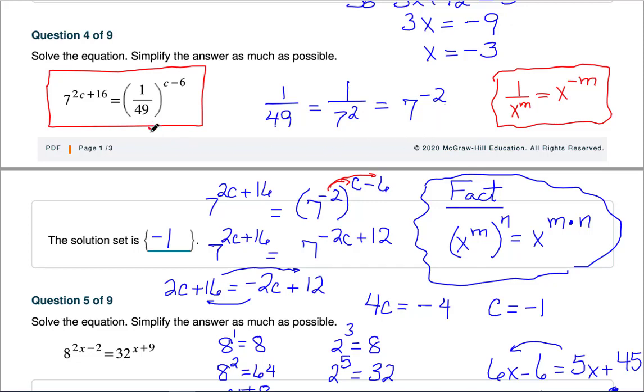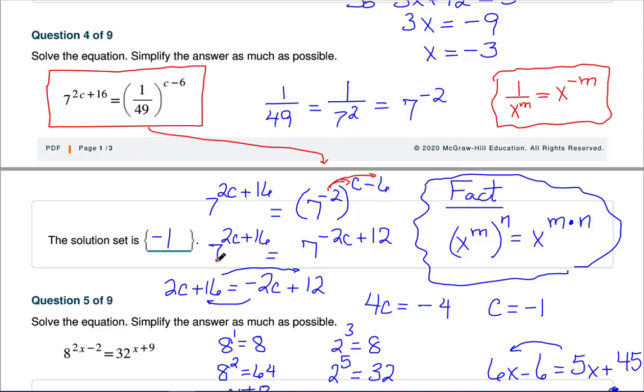So take the inside part and rewrite that. That's 7 to the minus 2. Another fact from exponents. What happens when we have x to the m raised to another power? What happens is the exponents multiply. So 7 to the minus 2 raised to the c minus 6, the exponents multiply, and I get minus 2c plus 12.